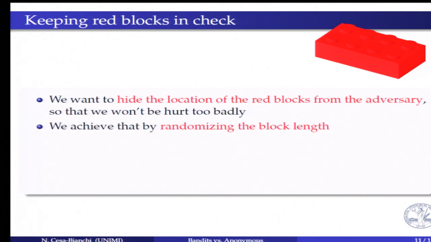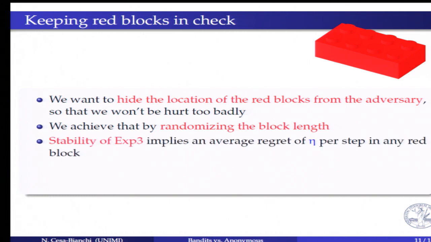I do that by randomizing the location of these red blocks, so I make it fuzzy, and the adversary doesn't know where these red blocks are located anymore. I can then use the stability of EXP3 probabilities to show that this randomization of the location of the red blocks is not causing too much regret to the algorithm.